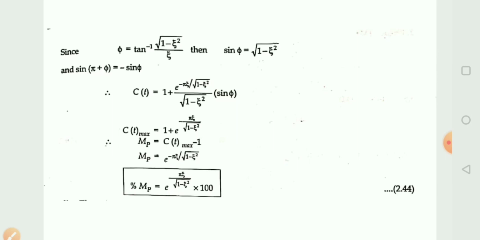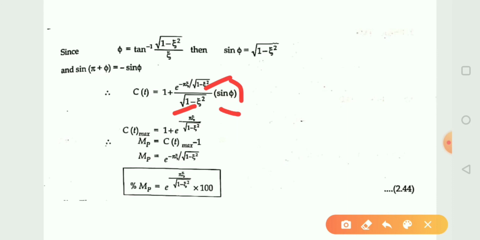Now this value cancels this value, because here we put sine phi equal to under root of 1 minus zeta square, so it becomes 1 plus e to the power minus pi zeta over under root of 1 minus zeta square.